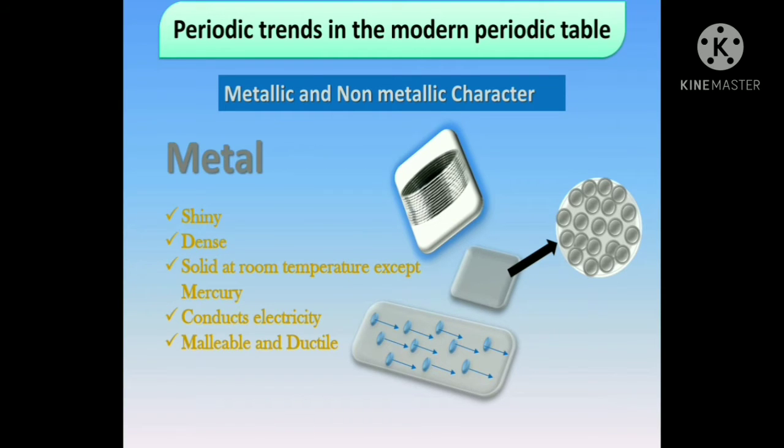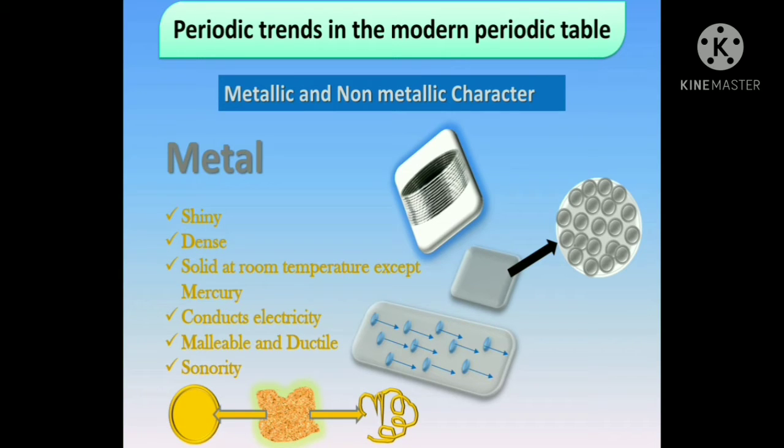Metals are malleable, that means they can be turned into sheets, and also they are ductile, can be turned into small wires. Metals show a special characteristic, that is sonority.